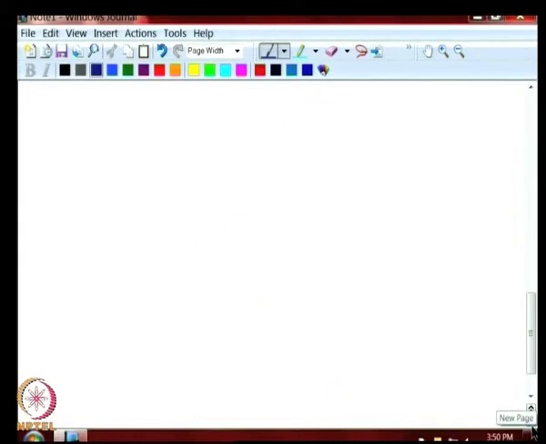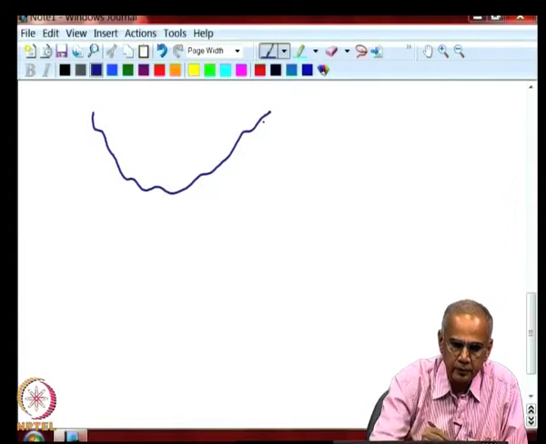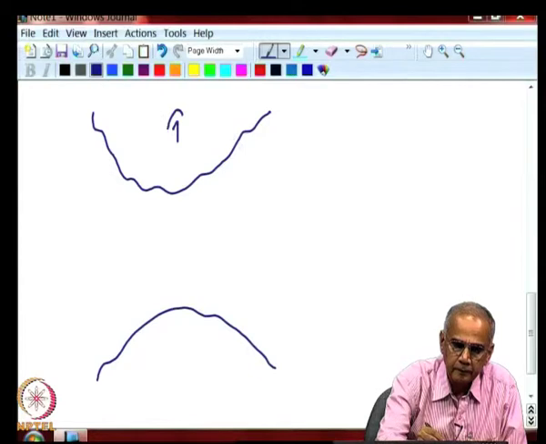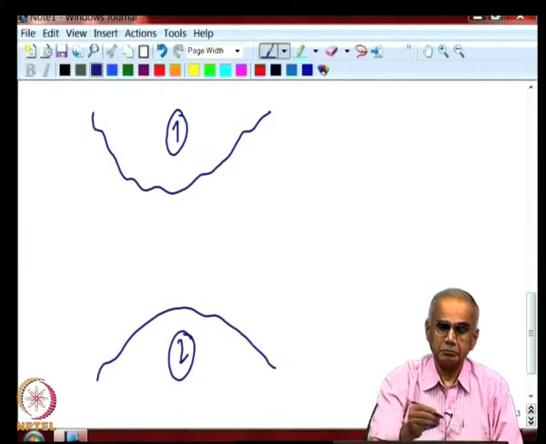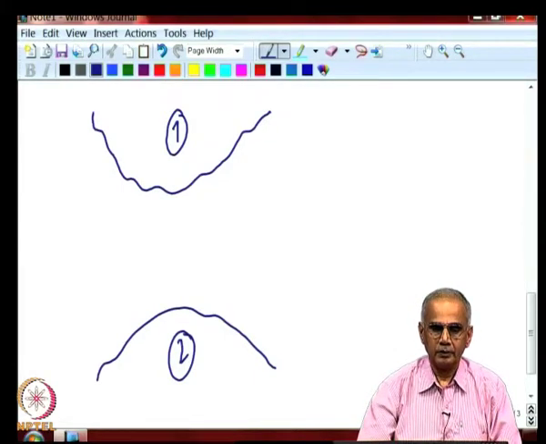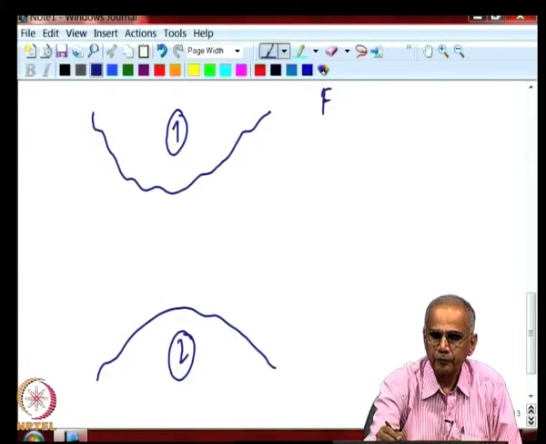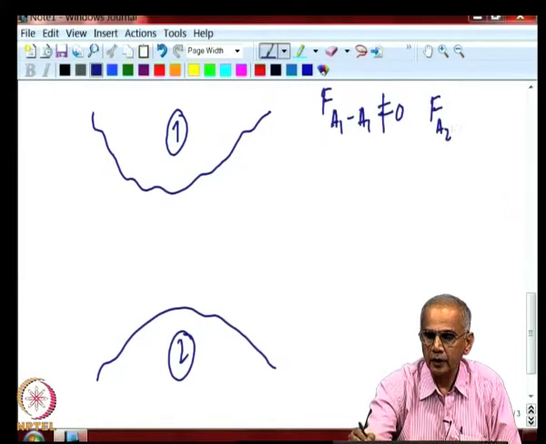Okay. So, let me derive a more general technique. So, let us say this is surface 1 and this is surface 2, and both surfaces have concave features, so that F A1 A1 is not equal to 0, and so is the case with A2 A2.